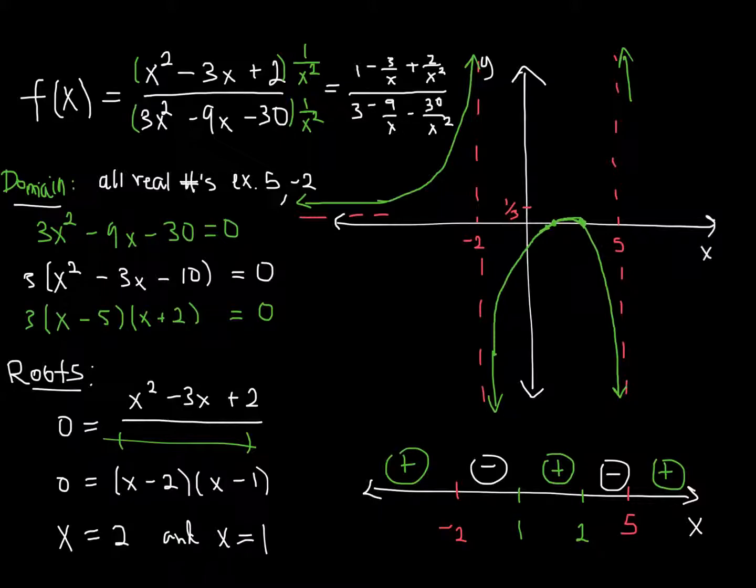And what you'll notice then, as we look at values getting closer and closer to positive infinity, going back to our expression that we've simplified here, each of these pieces that depends on x is going to get closer to 0. And so we're going to be left with 1/3, which means our horizontal asymptote, as we already found, is going to be 1/3. And we can make a couple of dashed lines there too. And there we have our function.